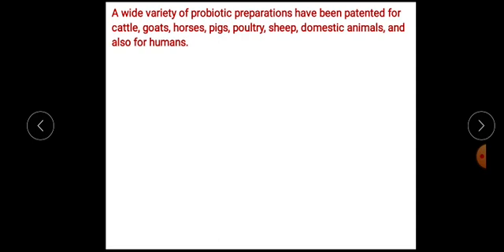For example, there is a product in the market originating from Japan, Yakult. Yakult is a preparation just like buttermilk, but it contains probiotic microorganisms. If you are a continuous viewer of television, you must have seen this in advertisements. Yakult is a product that contains probiotic microorganisms.